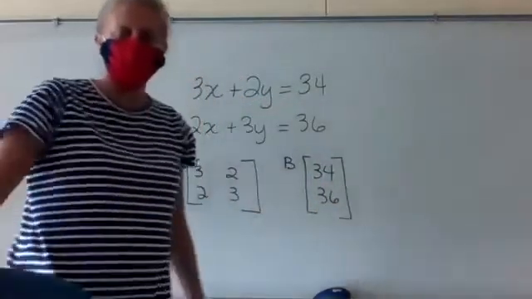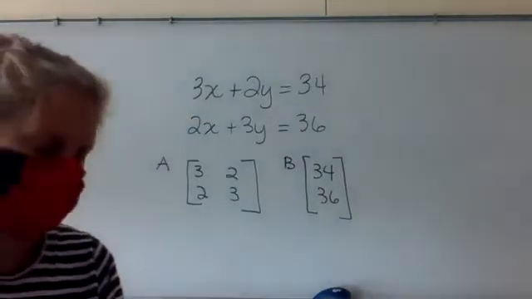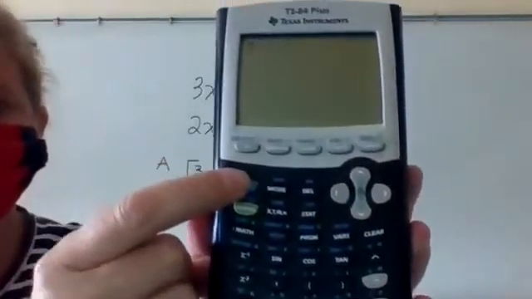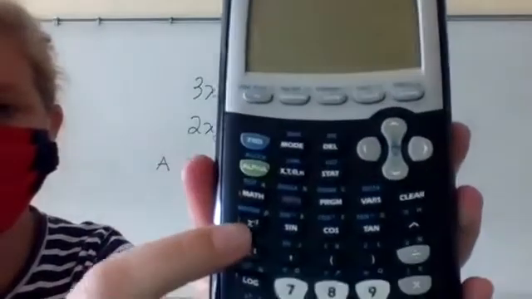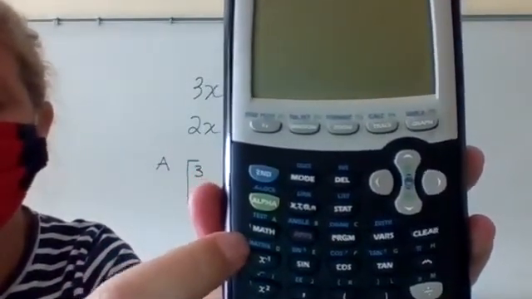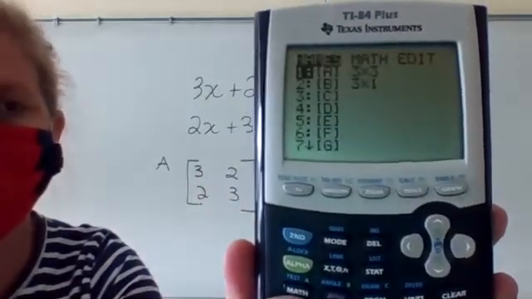Now, let's look at the calculator and see how to put this in. So, you're going to hit the second button. And then if you look right above the x to the negative 1, you'll see matrix. That's why we hit the second button, because we want to go to that matrix function. So there's matrix.